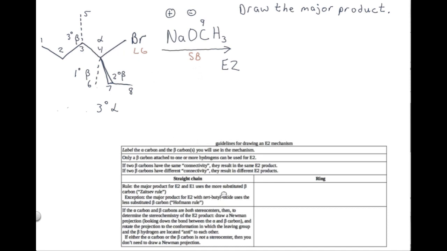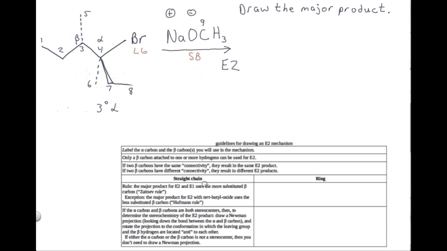So our most substituted beta carbon is carbon 3. So we're going to be using carbon 3 as our beta carbon. It's the most substituted. So I'll erase this beta and this beta since we're not using those beta carbons. I'll keep this label to show that this is the beta carbon that we're using.